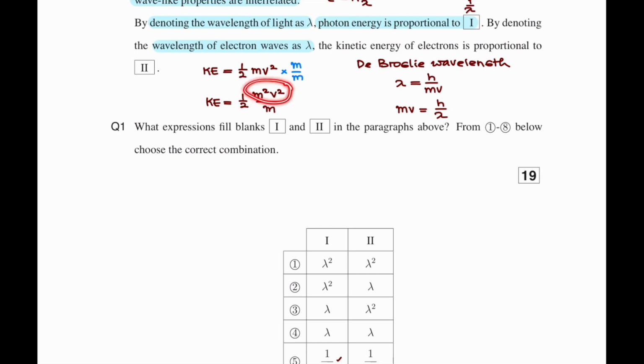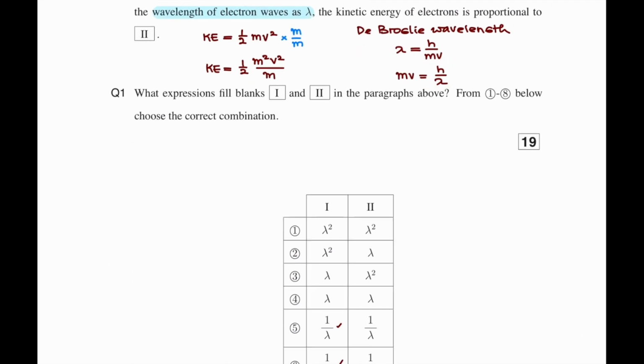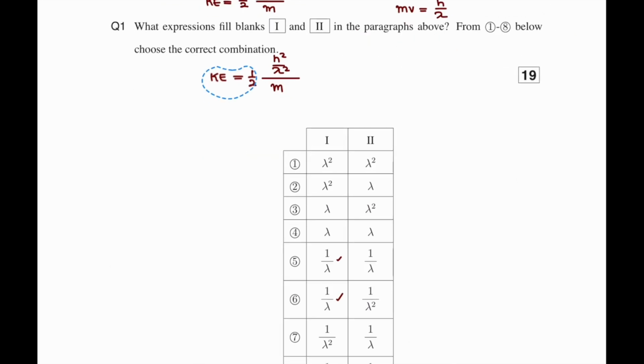Since mv equals h over lambda, m squared v squared equals h squared over lambda squared. Then I get kinetic energy equals half times h squared over lambda squared over m. If you express this as a single fraction, you obtain kinetic energy equals half h squared over m lambda squared.